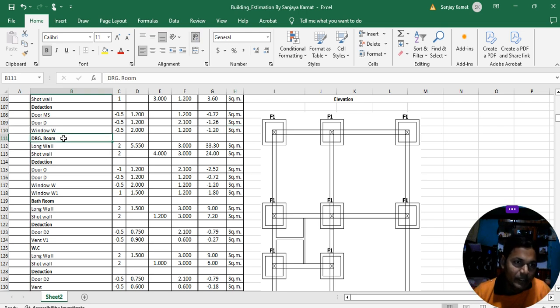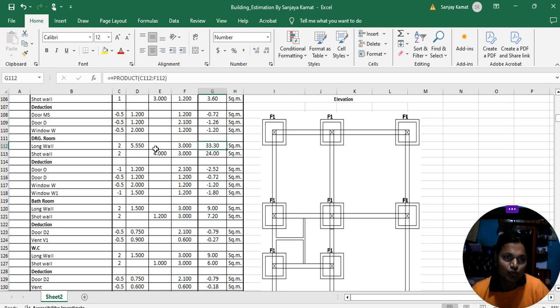Okay, now we are going to estimate for the drawing room. For this drawing room we are going to take the long wall and the short wall. For the drawing room we are taking the estimation of two long walls, and for this long wall we are taking the length 5.500 meter, and then thickness we are going to take 3.00 meter.